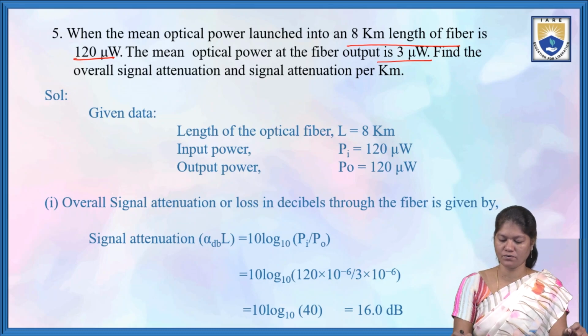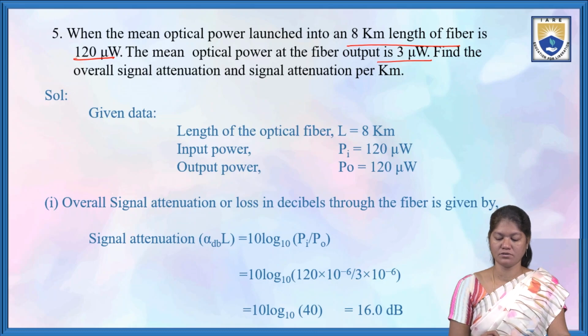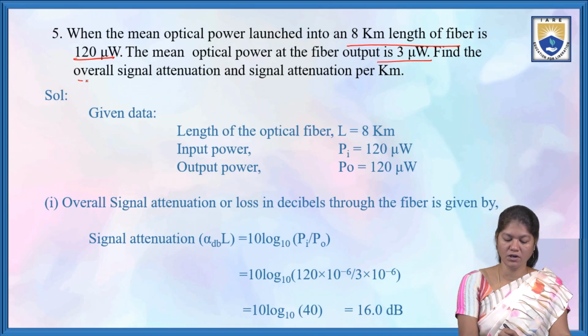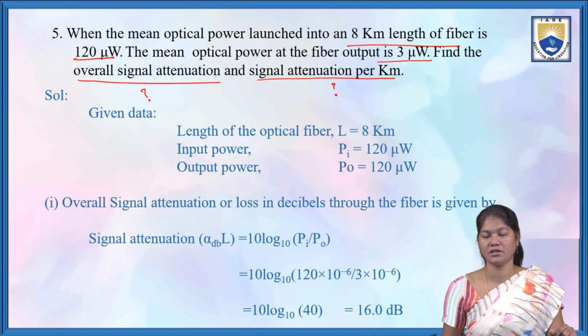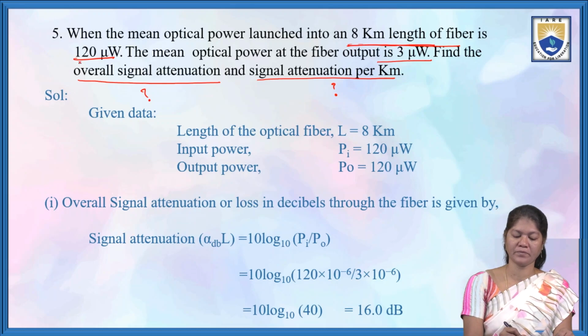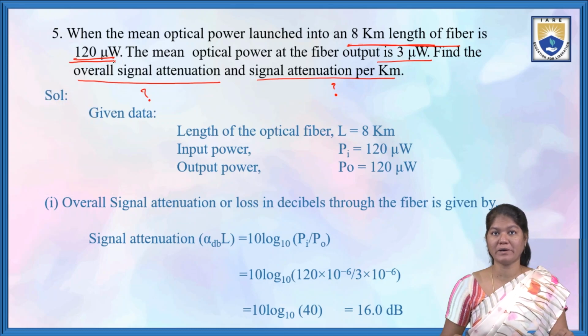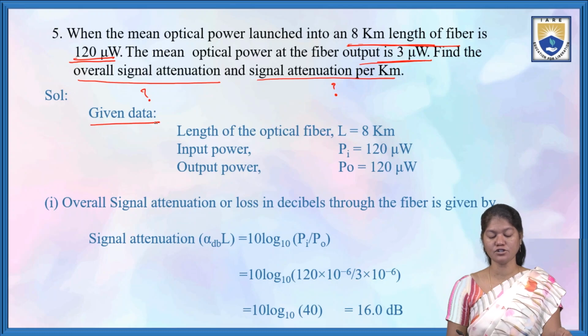Find the overall signal attenuation and the signal attenuation per kilometer. So both we need to calculate. The data given here are the length of the fiber, the input power and the output power of the optical fiber.